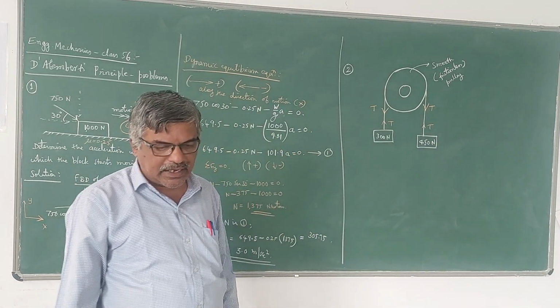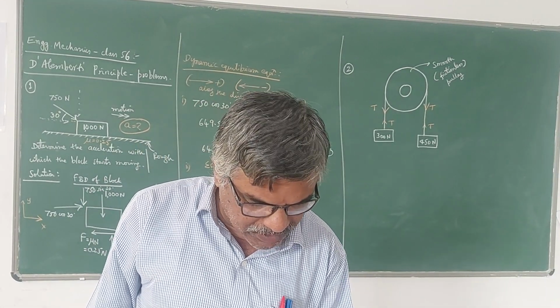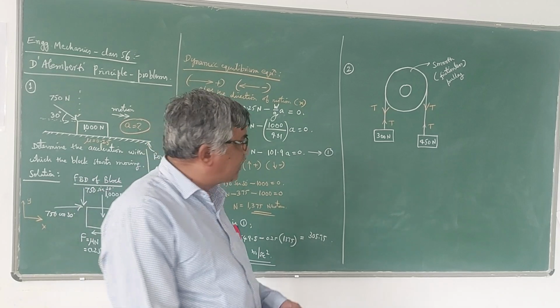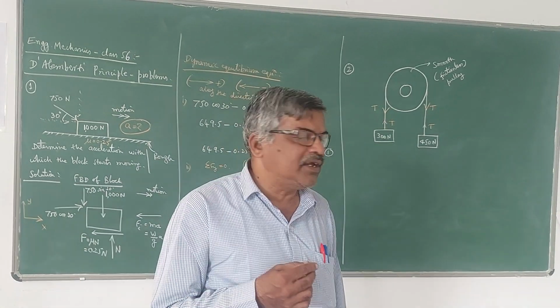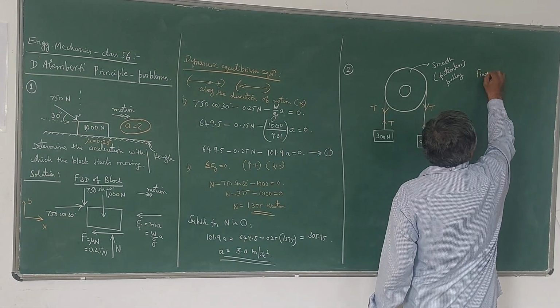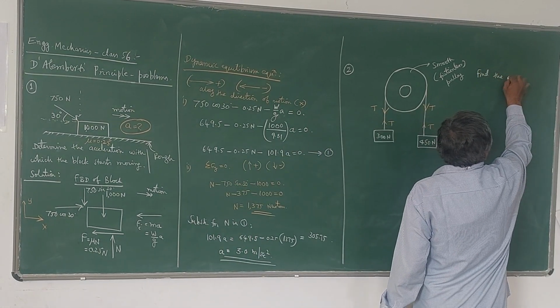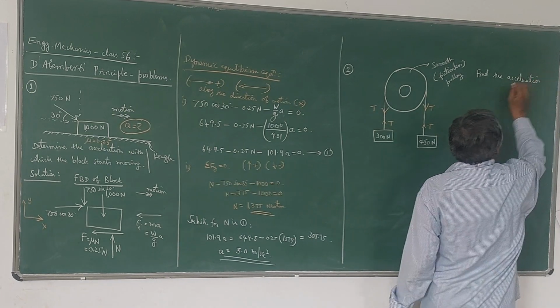The question here is, in this system, find out the acceleration of the system as well as the tension in the spring. So the question works like this: find the acceleration of the system.